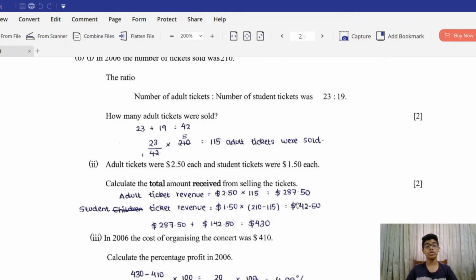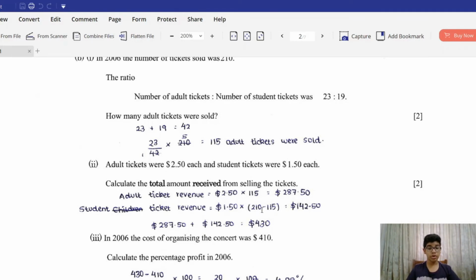Now we want to know the amount received from selling student tickets. So in order to calculate that, we need to know how many student tickets were sold. Now, adult tickets plus student tickets gives you 210. So 115 plus x, where x is student tickets, is 210. So 210 minus 115 is the number of student tickets.